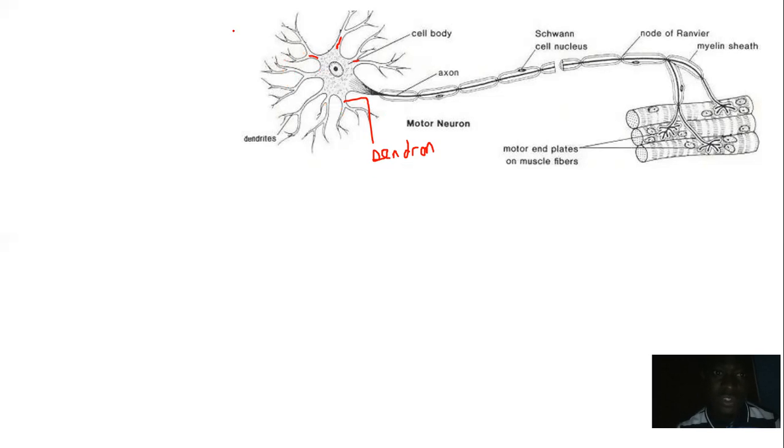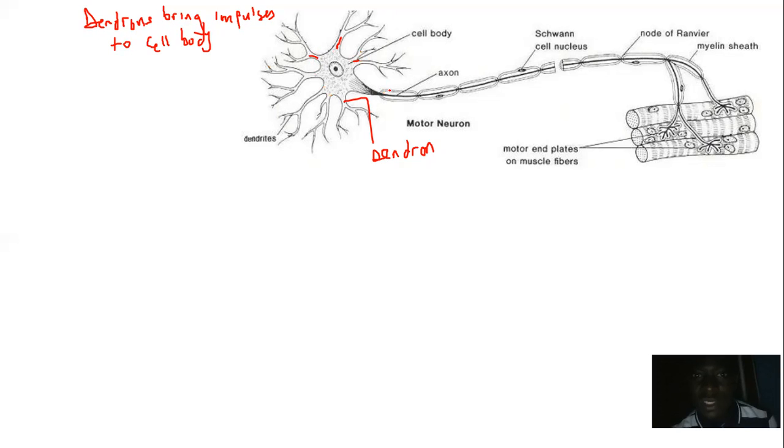So dendrons bring impulses to the soma or to the cell body, okay? And in this case, you can see there are many. If you try to count 1, 2, 3, 4, there are many, okay?